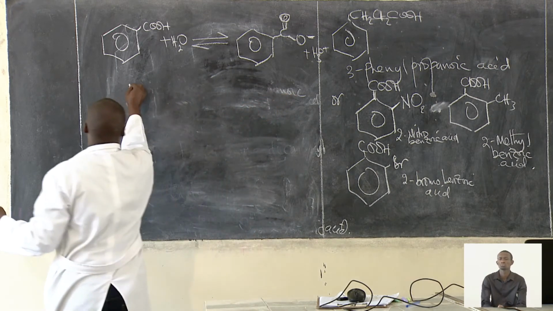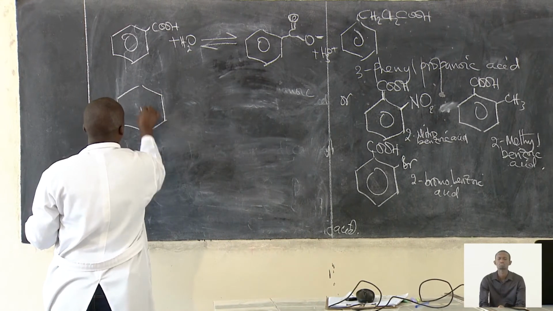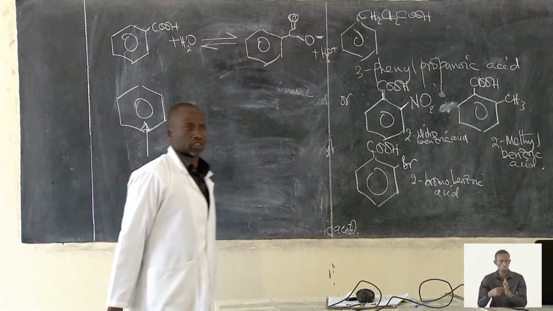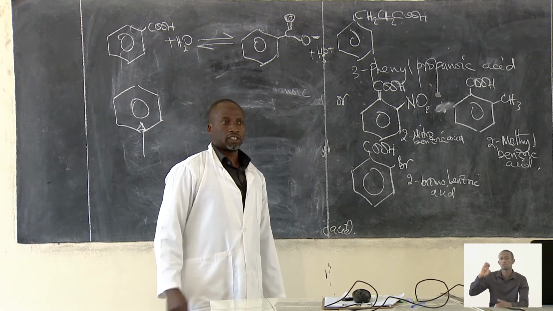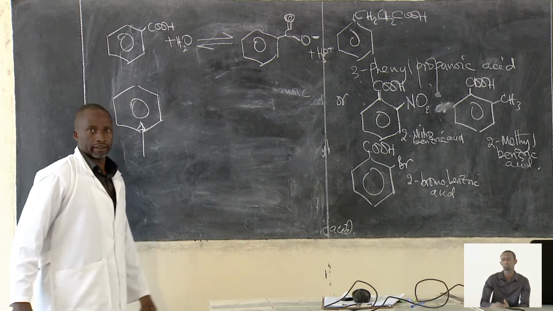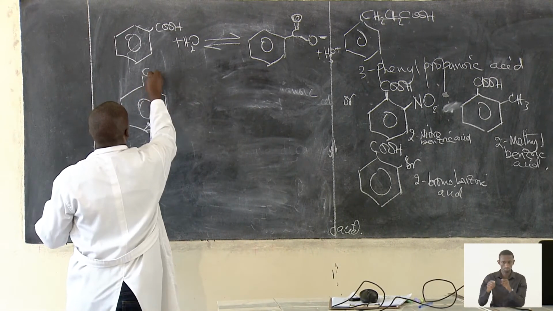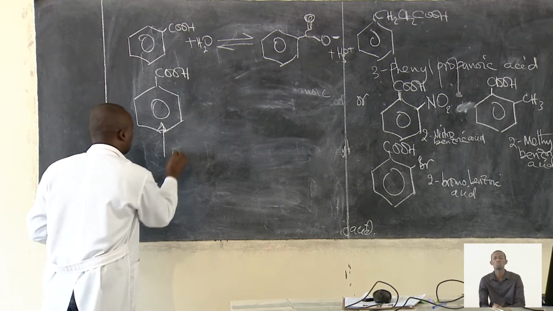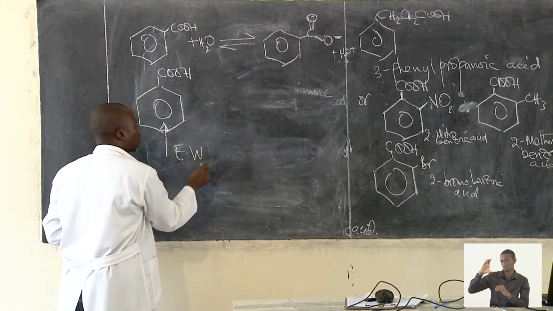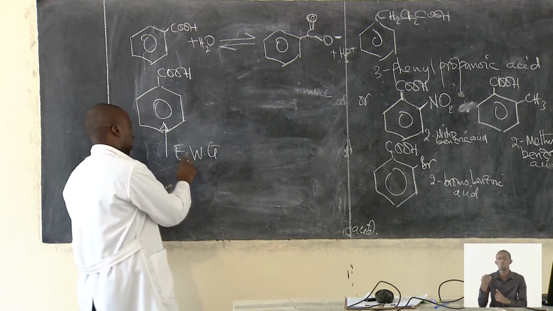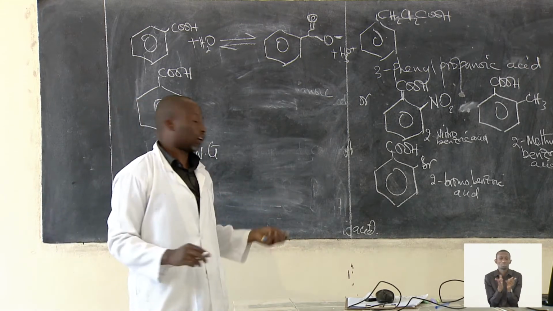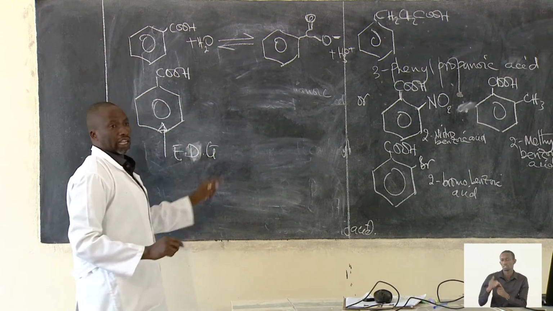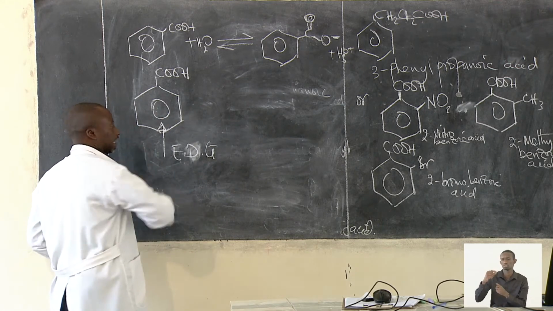For example, if you have a substituent that is donating electrons to the ring, and this is a carboxylic acid, what happens? We have electron withdrawing groups and electron donating groups. We are starting with the electron donating group. Electrons entering here, what happens?